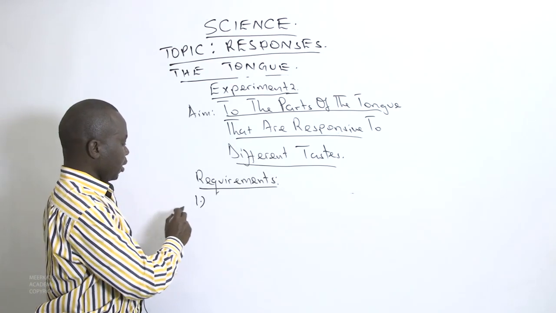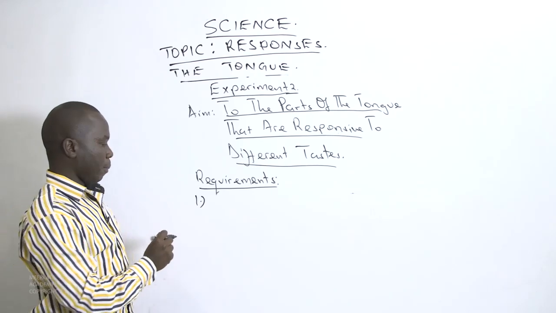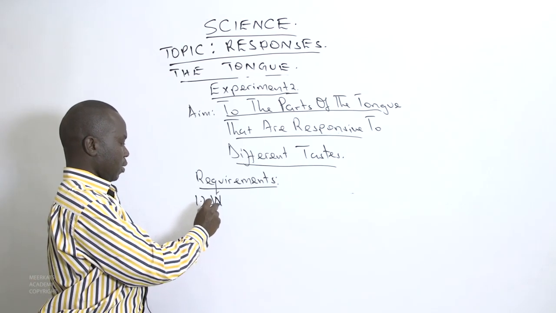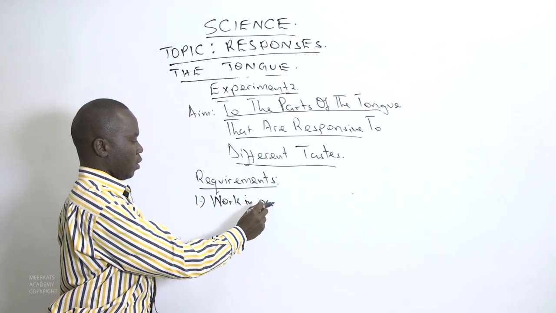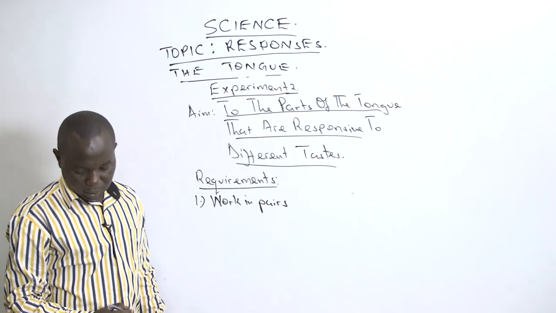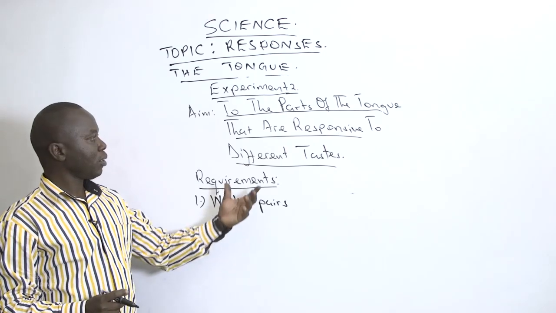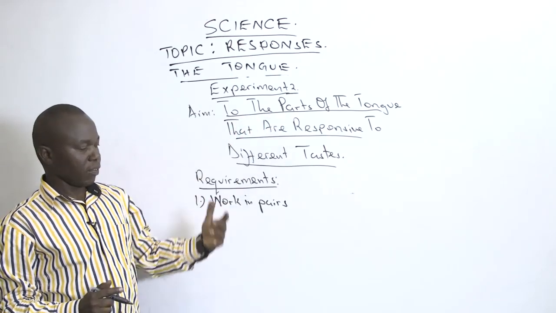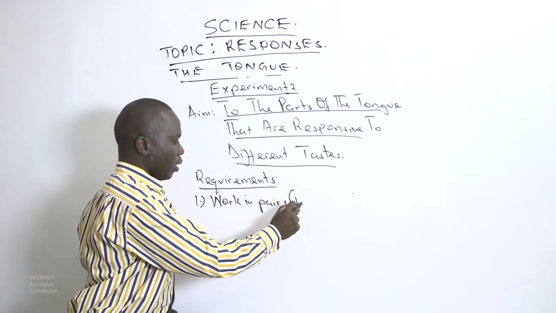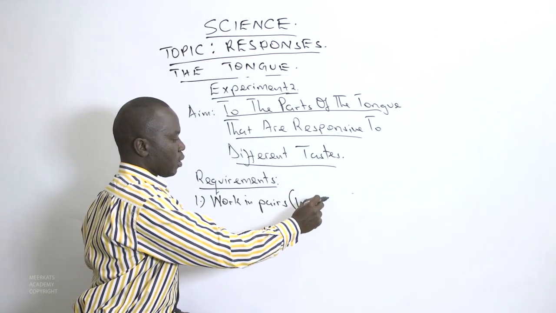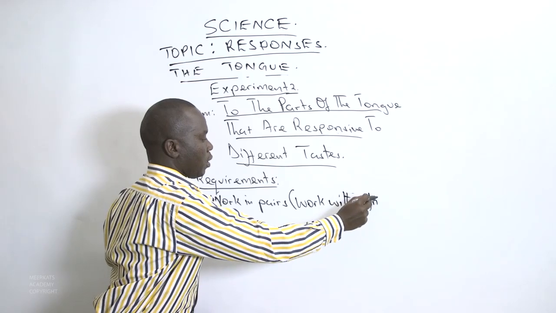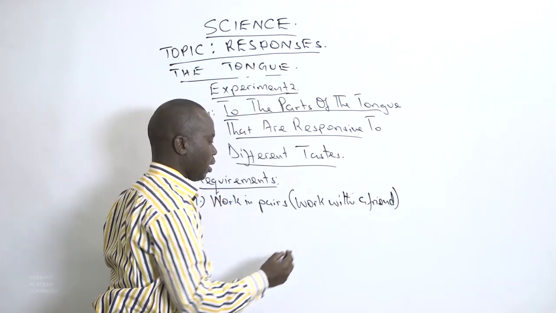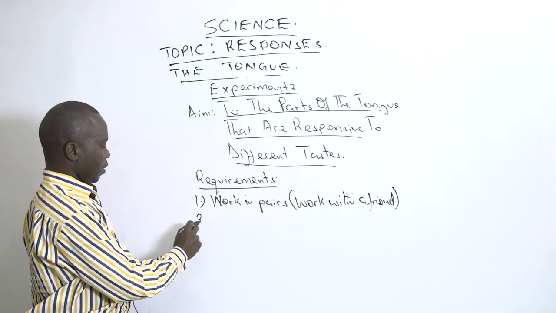You need this requirement to work in pairs, which means you can't do the experiment without a friend. You need to work with a friend or some second party.